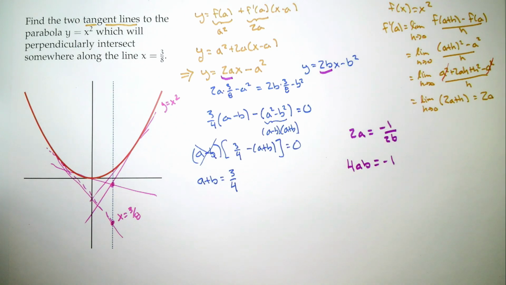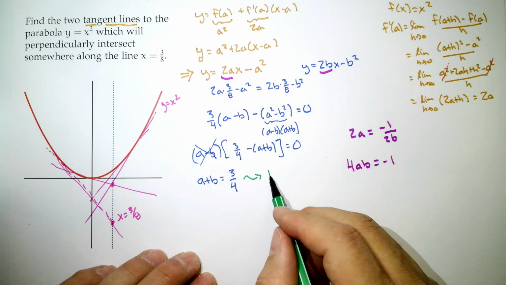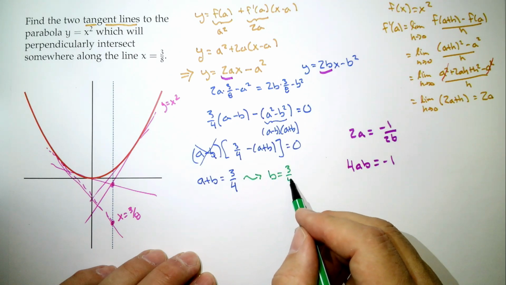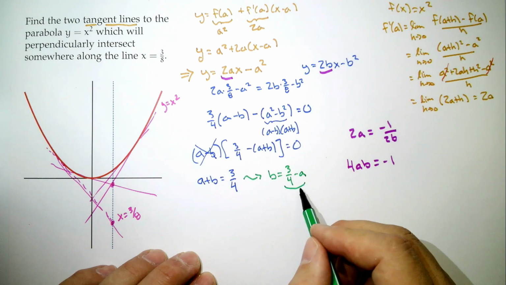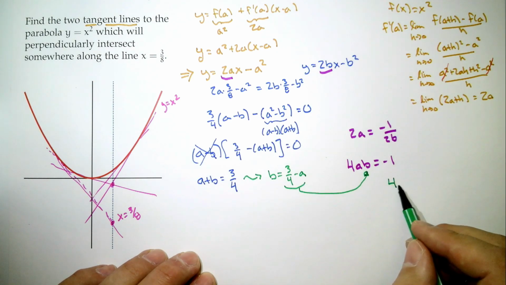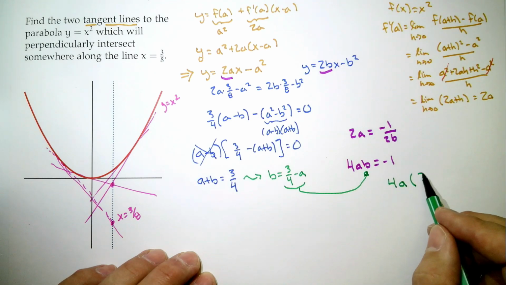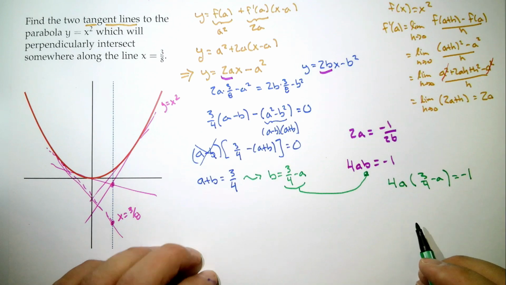Well, this is a good time to substitute. So, for instance, the first equation, we could say that b is 3/4 subtract a. Now we can take this information and plug it in for b in the other equation. So 4 times a times 3/4 minus a better be equal to negative 1.